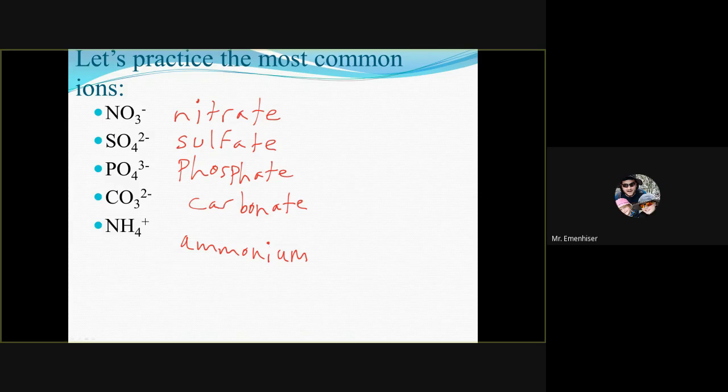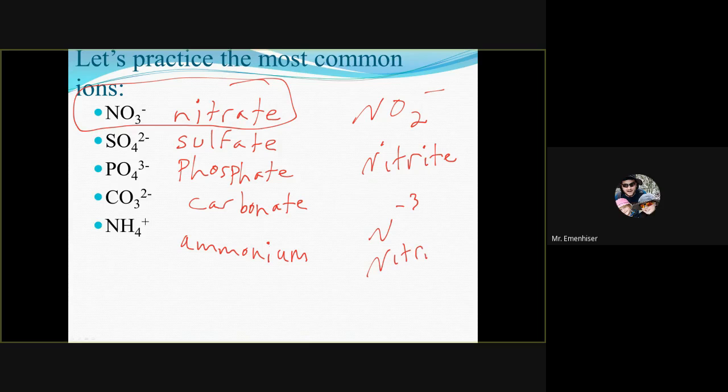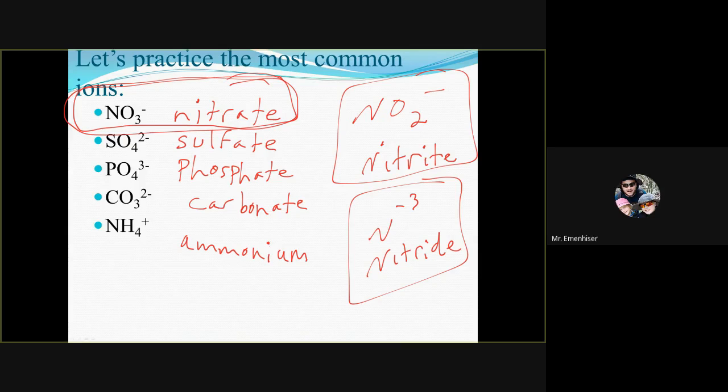Now notice that there is a difference between the nitrate ion, which is NO3 -1, and the nitrite ion, and the nitride ion. I'll show you guys a video with a little bit more detail. Here is nitrate. Here's nitrite.